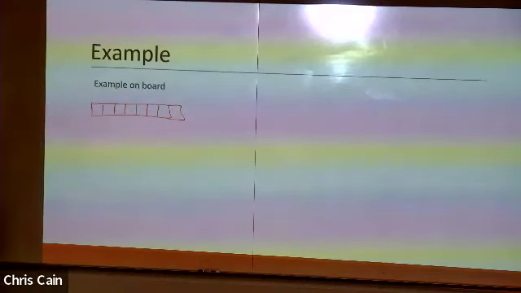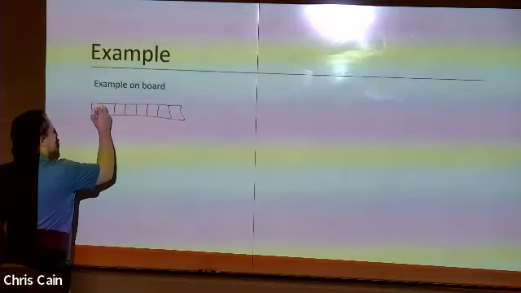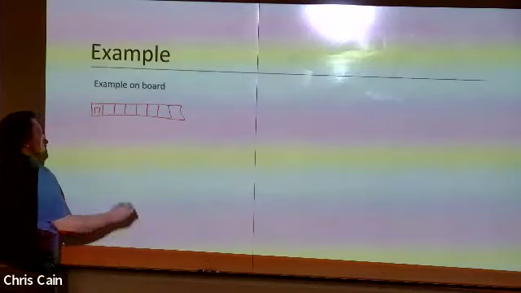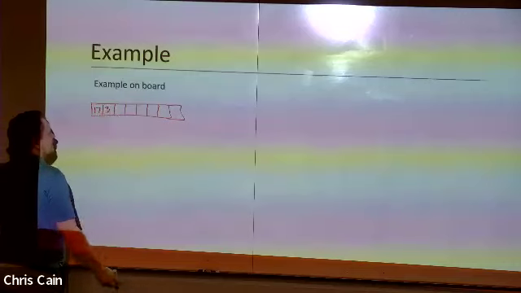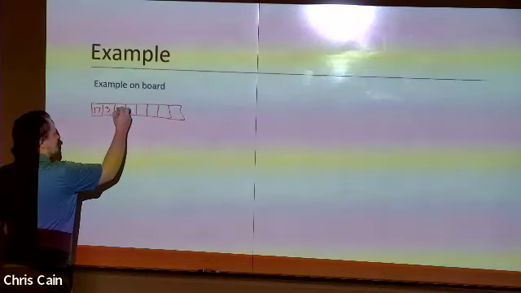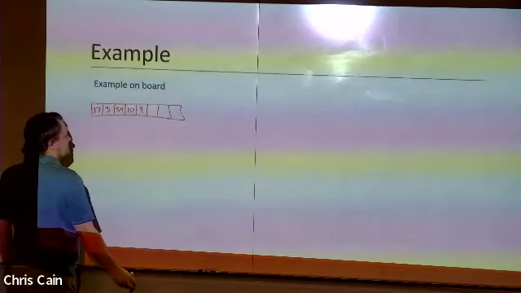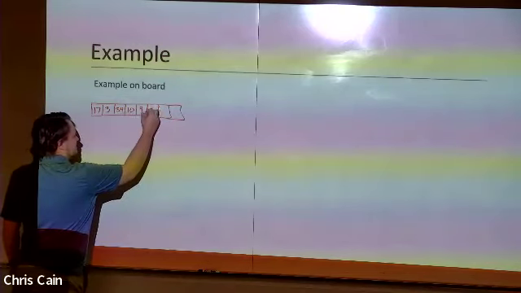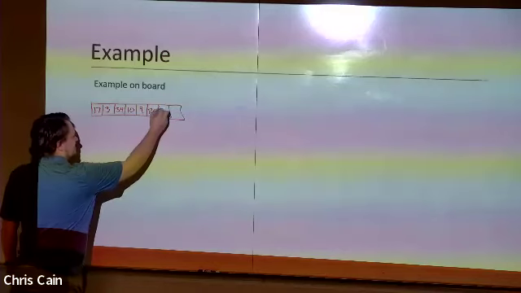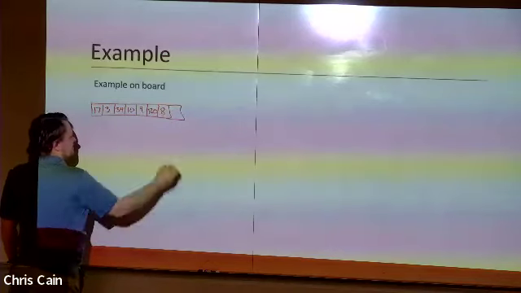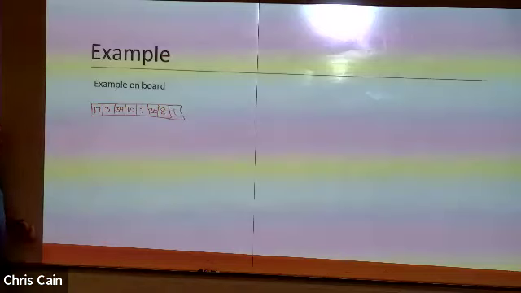What I need from people are random numbers. 17. 24. 8. 1. All right. This is good. I think this will illustrate merge sort very nicely.